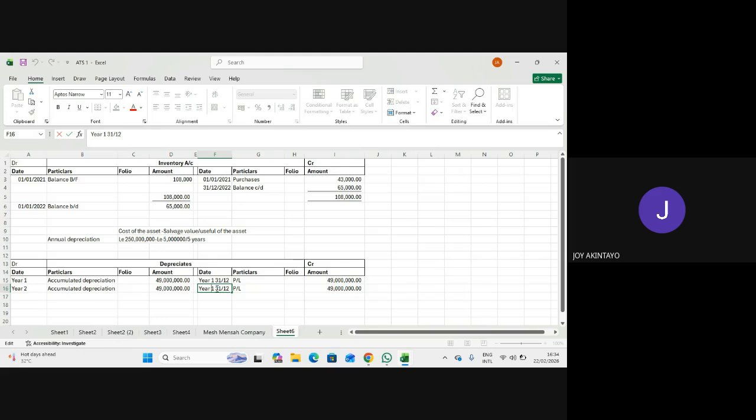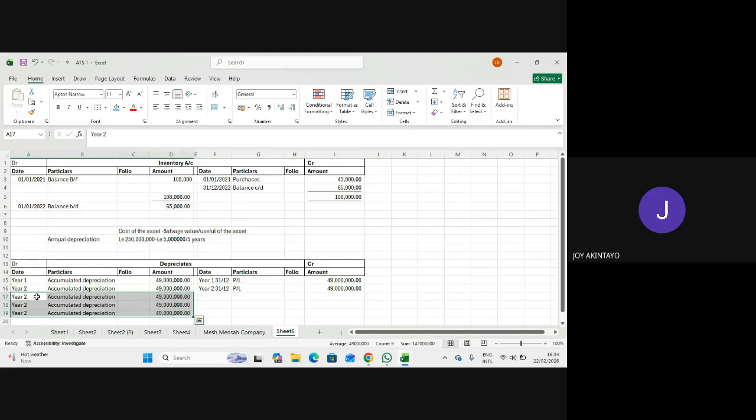Are you getting it? So the same thing for year three up to year five. So for year three, year four, then year five.